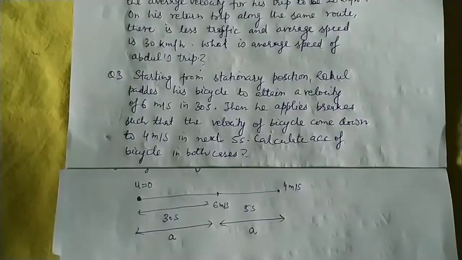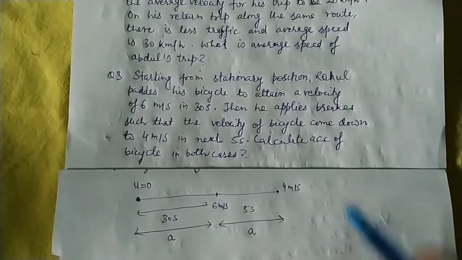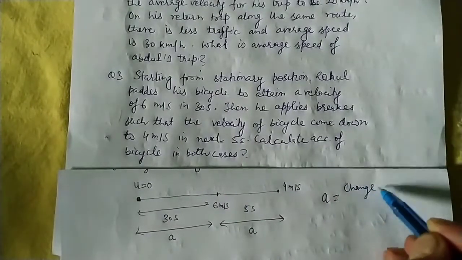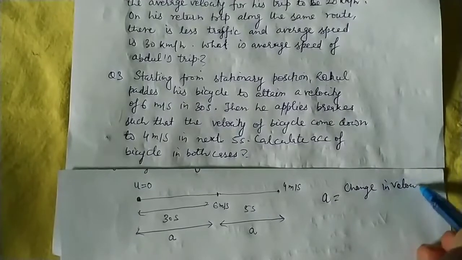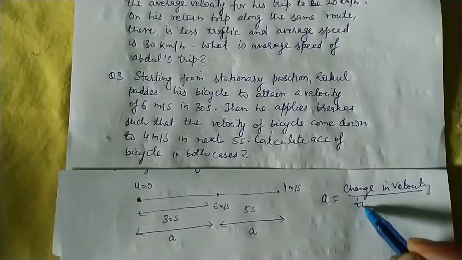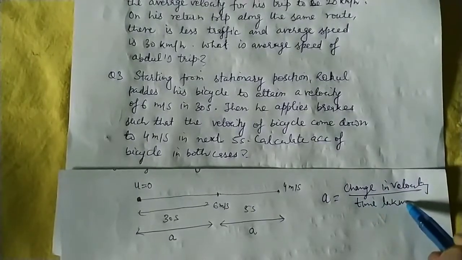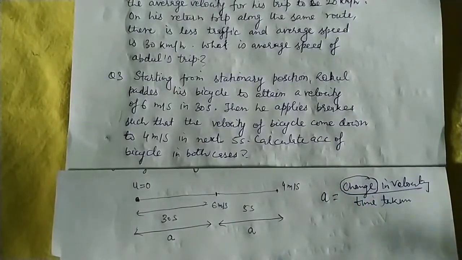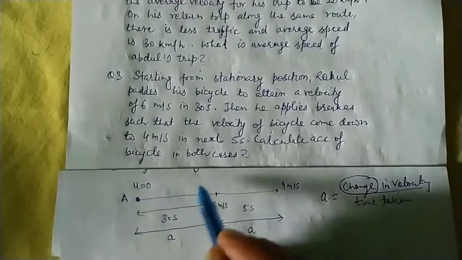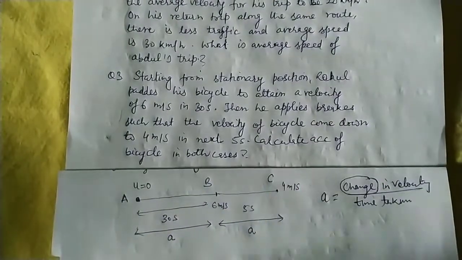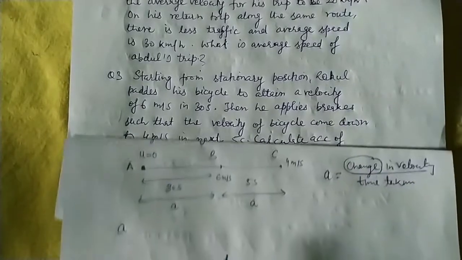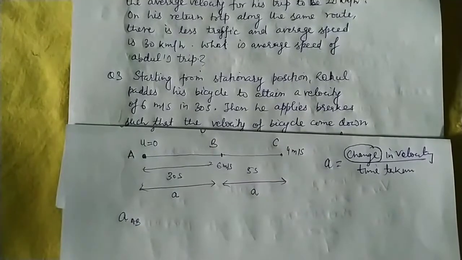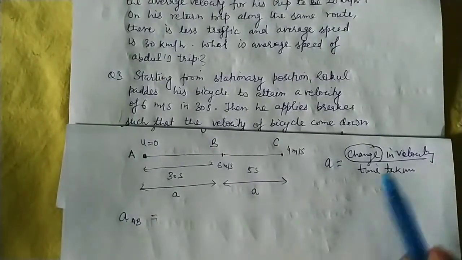So first of all, what is an acceleration? We know that the acceleration is change in the velocity divided by time taken. This you remember, it is change in the velocity. So first I take these points as A, B and C. So first I will calculate the acceleration for AB.